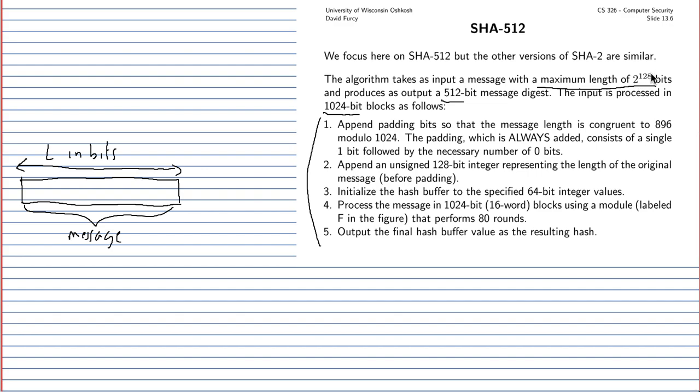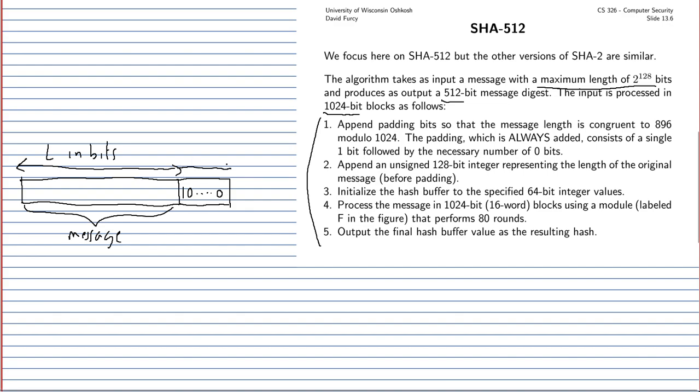Remember that we're going to break down this message into blocks of 1024, so we may need some padding for this message to be of the right length. Step number 1 is to append padding bits: always a single one and then a number of zeros needed to get to the appropriate length.